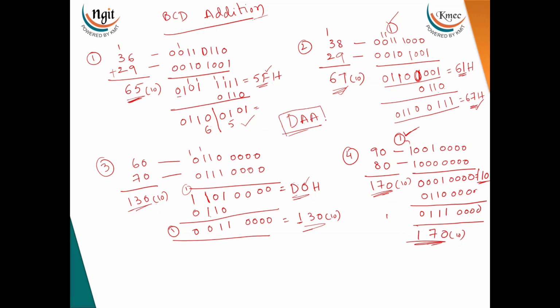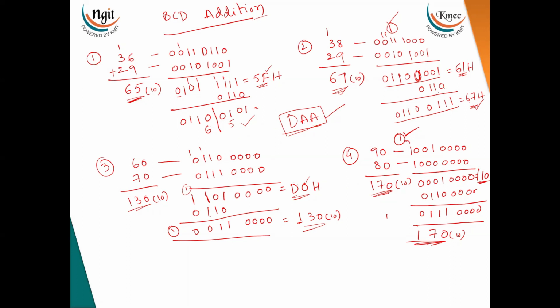Now this is the DA instruction. If we use this DA instruction, it itself converts the hexadecimal to the decimal. The conversion we have done manually, everything will be done by the DA instruction. DA itself will do all these things. It will check the lower nibble.